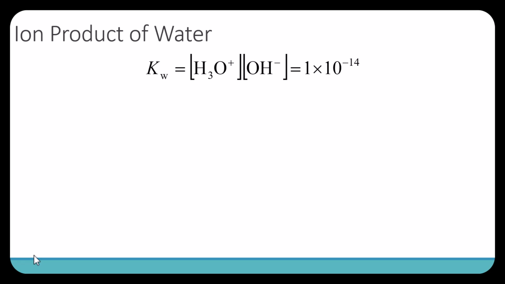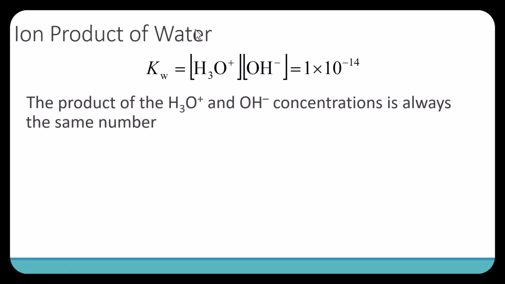All right, so this number has a name. It's called the ion product of water, which we see up here on the top of the screen. The product of hydronium concentration and hydroxide concentration, so multiplying those two together, always equals the same number.